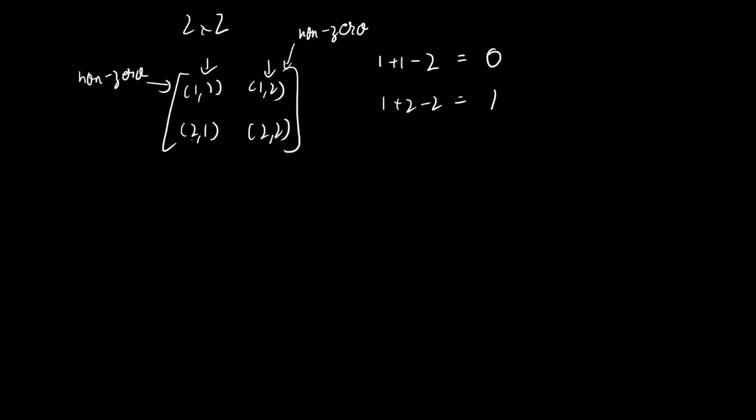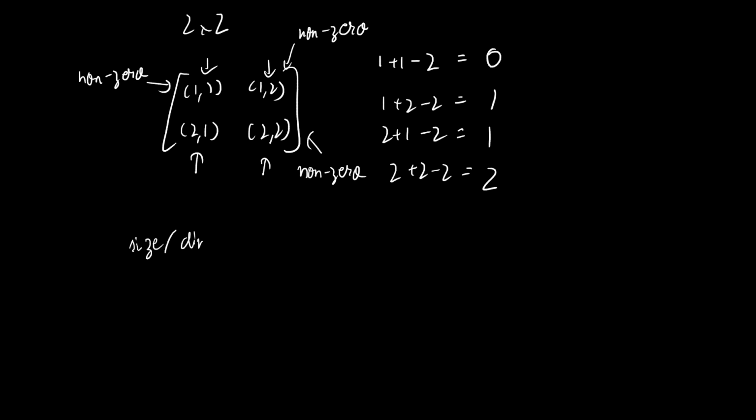With similar calculation, 2,1 will also be non-zero, because 2 plus 1 will also give 1. And now checking for 2,2: 2 plus 2 minus 2 equals 2. So in this case, all elements are non-zero. So the size or dimension of B will be 4, because all elements are non-zero, so all elements will be stored.